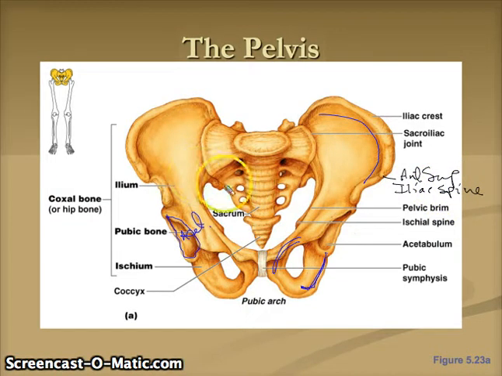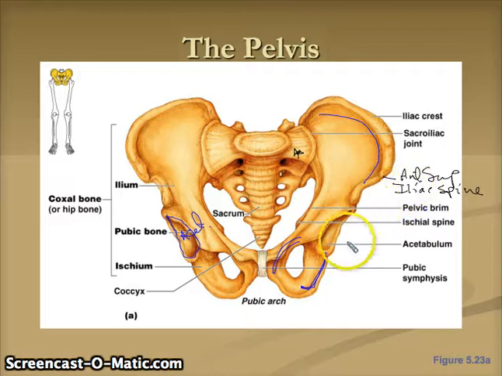And on the back side, you have a posterior superior iliac spine. It's just that point where it comes around, and if you could see through it, it would be right about here on the posterior side.